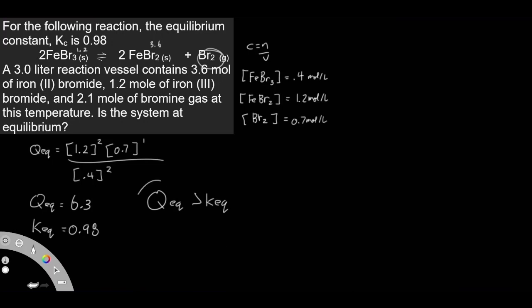What does this mean? If it is greater, is the system at equilibrium? Absolutely not. So what does this mean? This means that the products are in greater amounts, and therefore it will shift to the left.